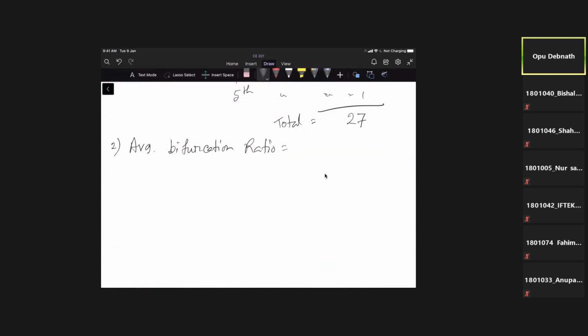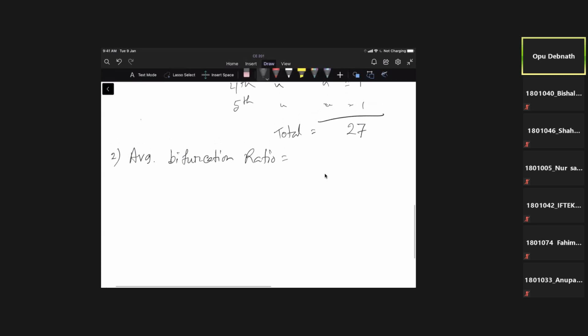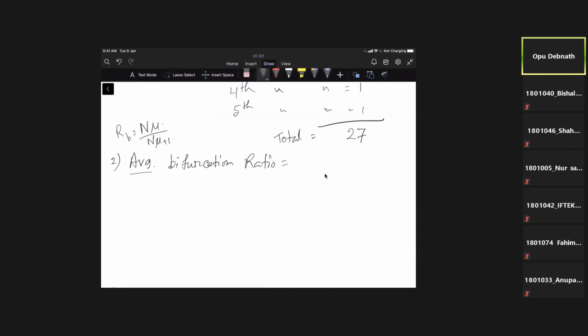So the bifurcation ratio Rb is equal to N_u by N_(u+1). That means first order by second order, second order by third order. So if you want to take the average bifurcation ratio, plus 1, next order, sorry, plus 1, yes, plus 1. So if we want to take the average bifurcation ratio, we need to take the average.